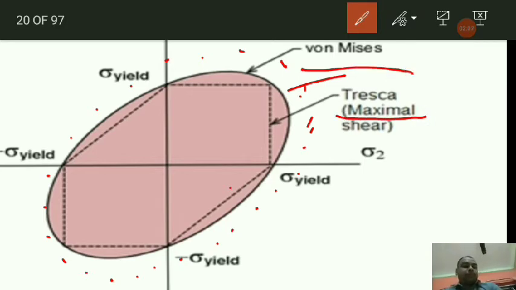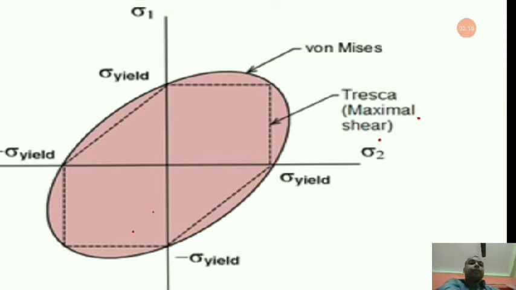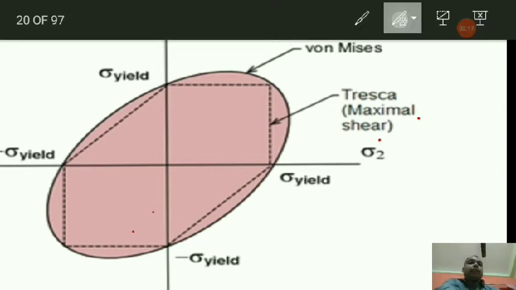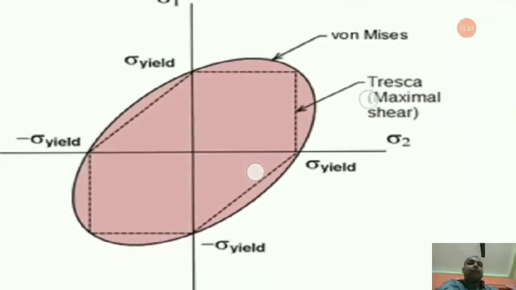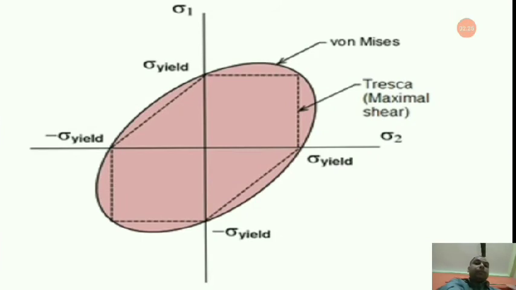So while designing, here we are dealing with metal working processes. You have to keep in mind that these are the points. It shows the yielding at this axis, sigma 2. This is the sigma 2 axis and this is the sigma 1 axis.